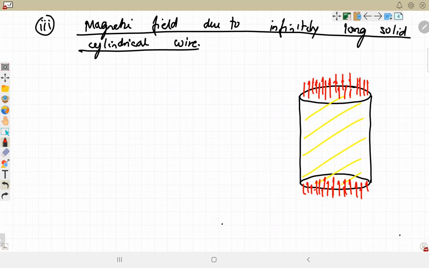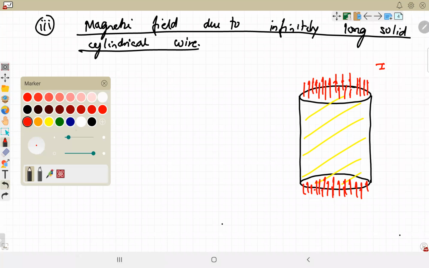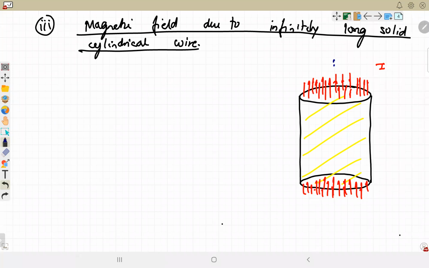Total current I, and the radius is capital R. So this current is distributed over an area, and for this we calculate the current density. The current density of this wire is the current passing per unit area, which will be I divided by pi R square.